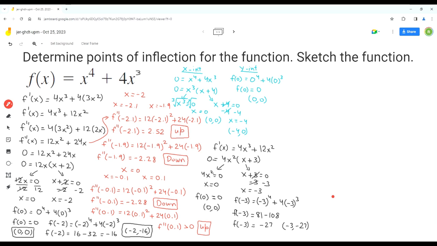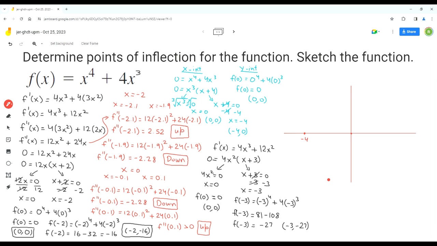Now we can use all of this information to sketch the function. So first we can show the intercepts for the function. The x-intercepts are 0 and -4, and the y-intercept is 0, the origin.